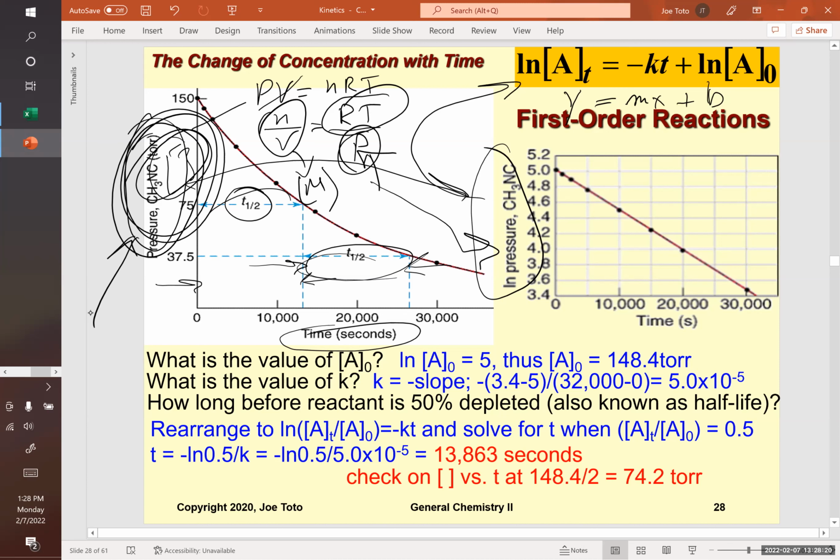Yeah, okay, cool. I'm sorry, Professor. I might be totally wrong with this, isn't it V over n? I'm looking at the original equation, PV is nRT, and it looks like it should be V over n. Sorry, I might be wrong about that. Yeah, the reason why you're wrong is because I moved the V over here on this side, and then I moved that whole side over here.